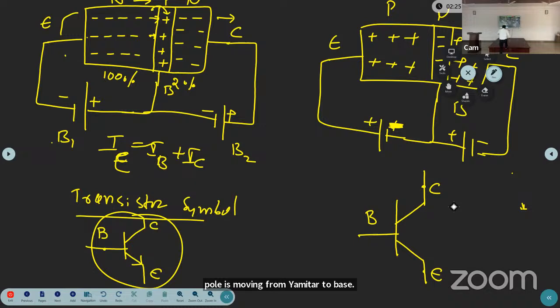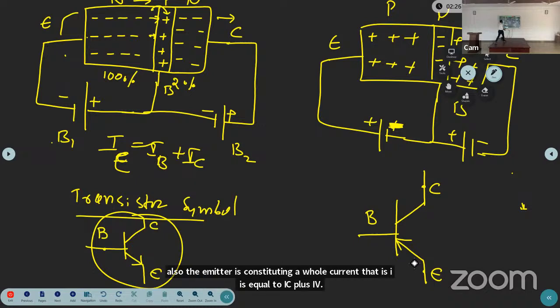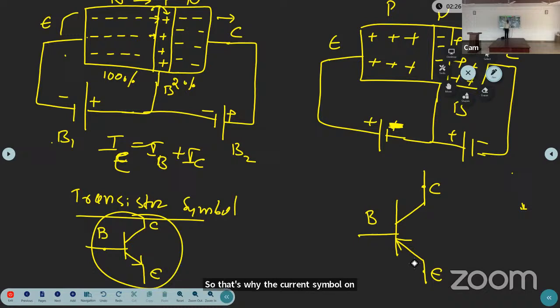So now the current direction is, here also the emitter constitutes the whole current, that is IE is equal to IC plus IB. So that's why the arrow is on the emitter terminal only. This arrow shows the conventional current direction.